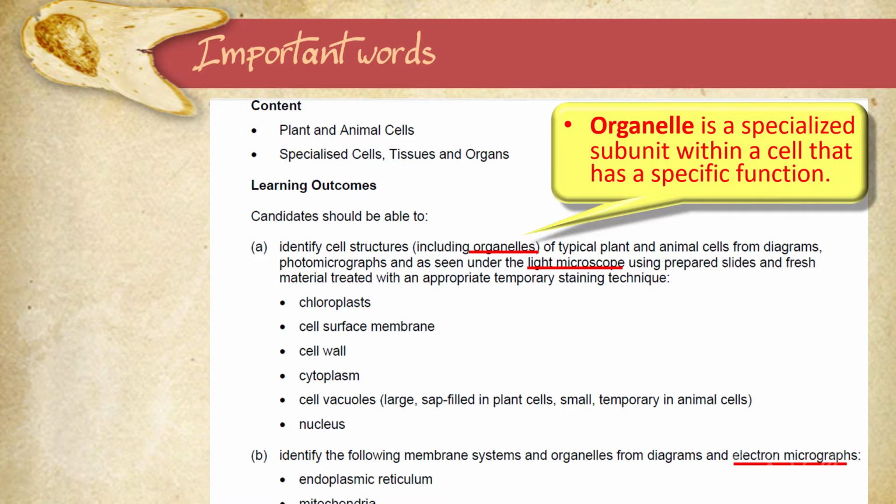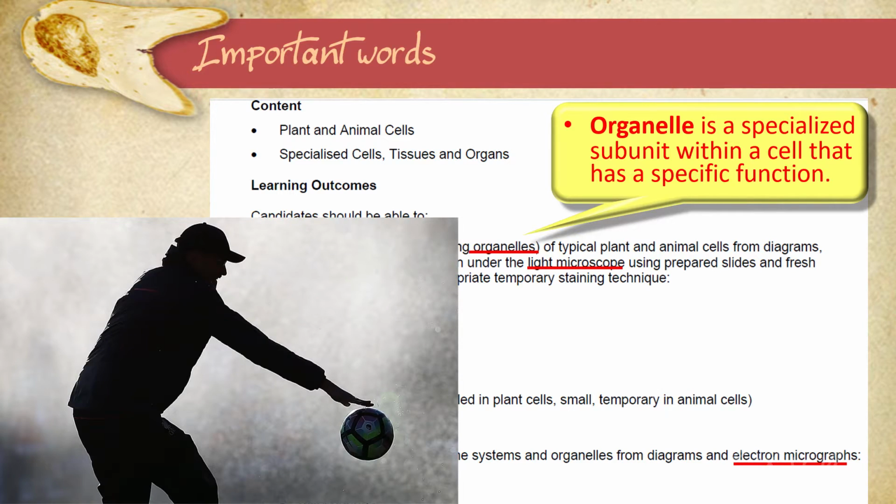So imagine in an organism, we have our organs. In a cell, we have organelles. In an organism, we have the brain, whose specific function is for us to think and feel. Then we also have our stomach, which specializes in storage of food as well as digestion of protein.